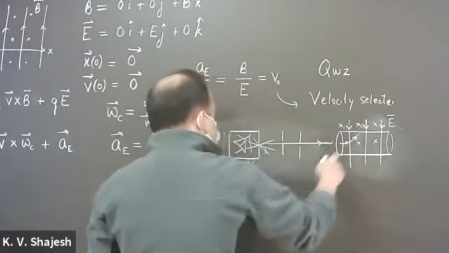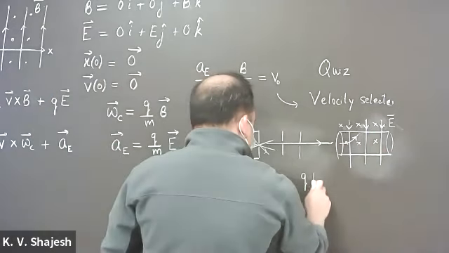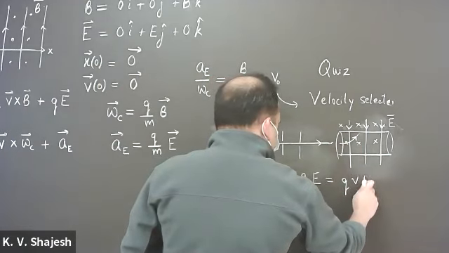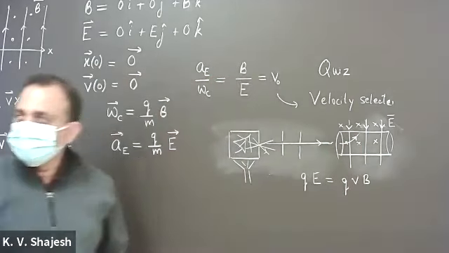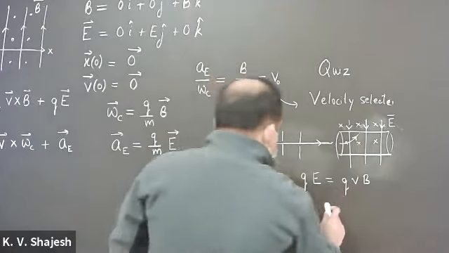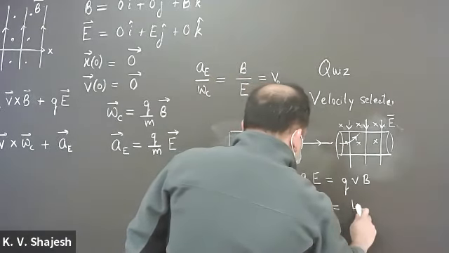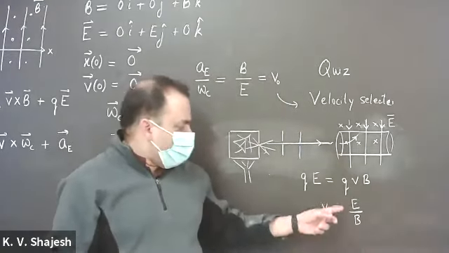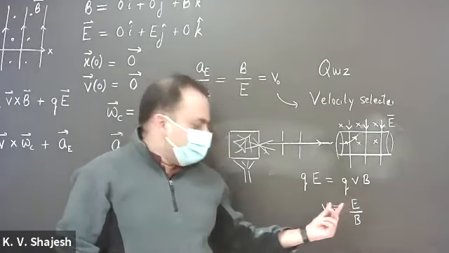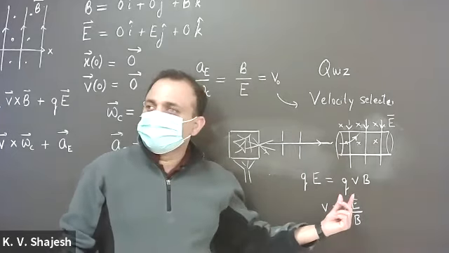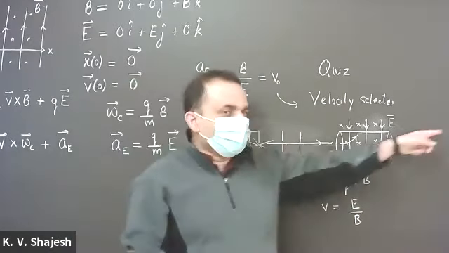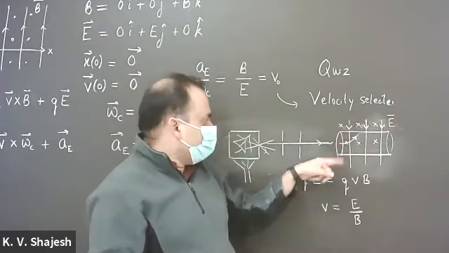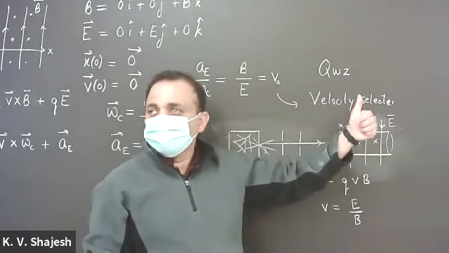But if you choose your electric field and magnetic field to exactly satisfy this relation, the forces balance out, and the velocity v is equal to E over B. So based on the ratio of E over B, there is always a velocity which will go straight out of this barrel, and it won't get deflected either down or up.